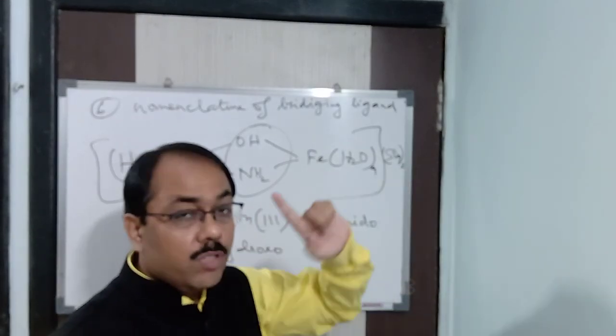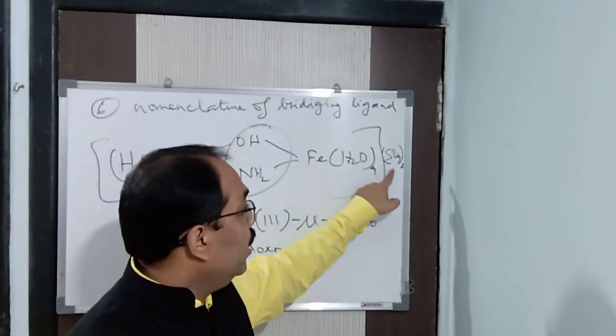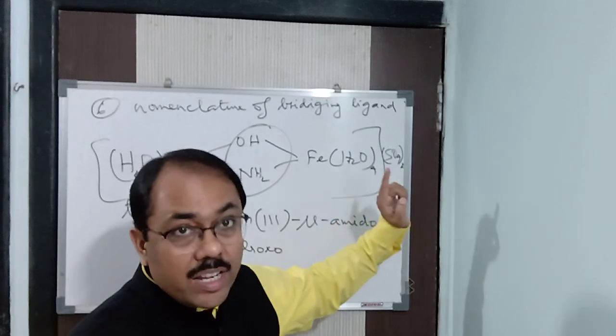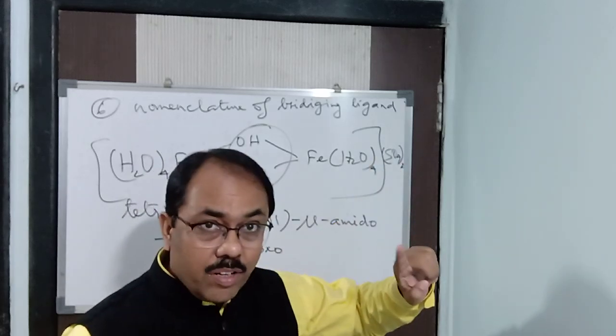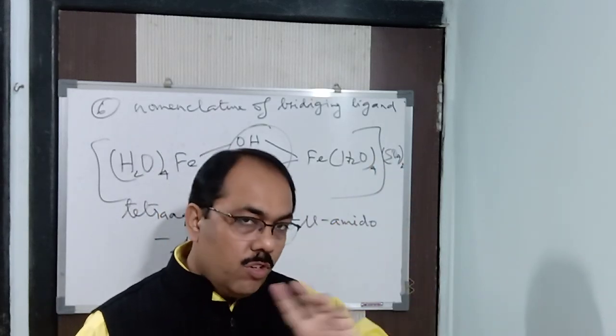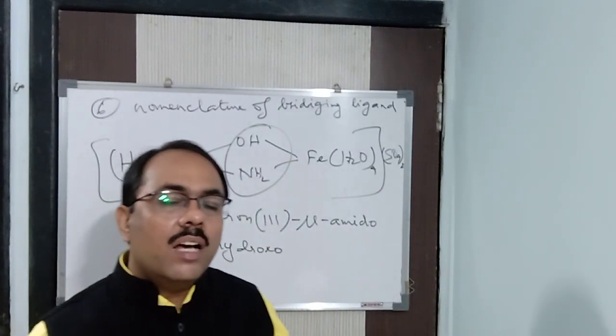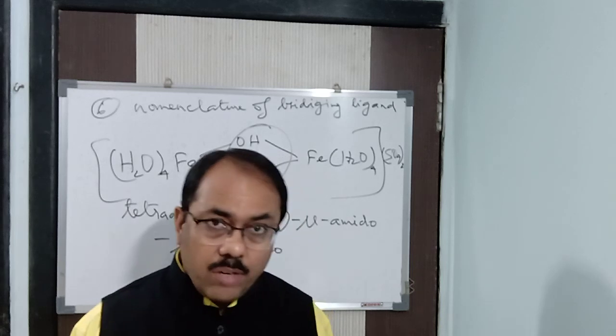Numerical prefix we only use for the ligands, mind it. This is not a ligand, it is a simple ion or a counter ion. If 3 is there, we will not write trisulfate. If 2 is there, we will not write bisulfate, we will write only sulfate. Got it? Mind it. So in this way, these are the rules. 2 more rules are there, we will see them in the next.